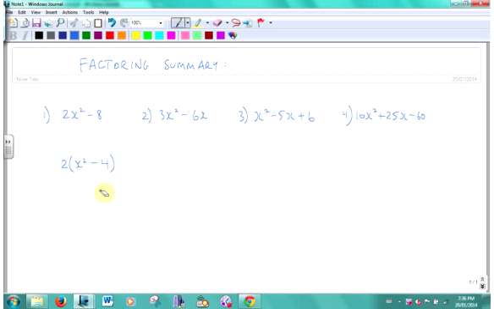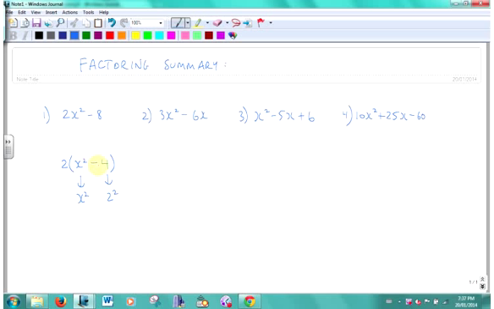Now, anytime you get 2 terms, including this one, you need to ask yourself, is this a special trinomial? Is it a difference of squares? What is a difference of squares? Well, this happens to be a difference of squares. This is the square of x, x squared. This is the square of 2, this is 2 squared.